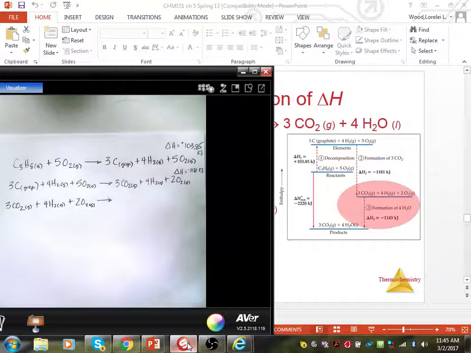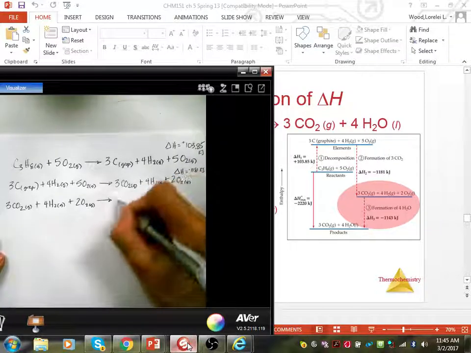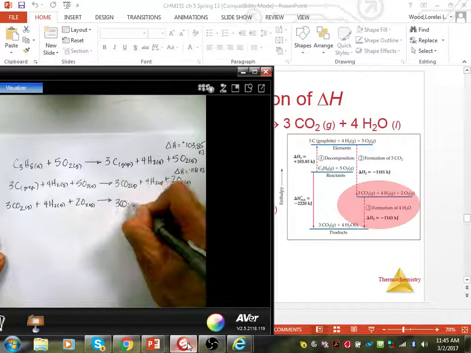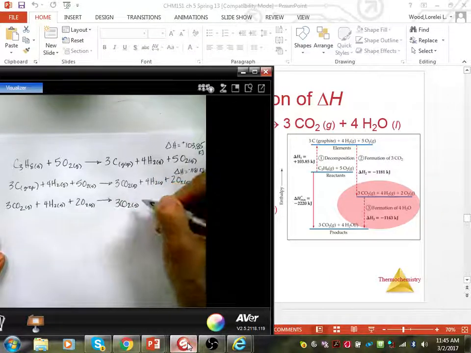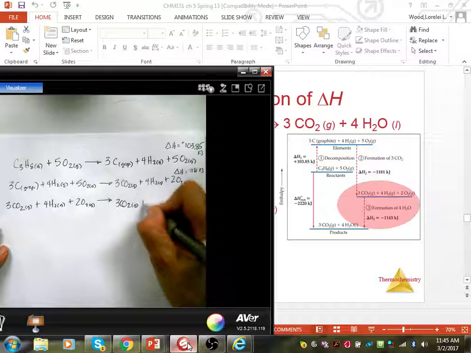And now, what are my products here? 3 CO2s as a gas, plus the 4 H2O liquid.